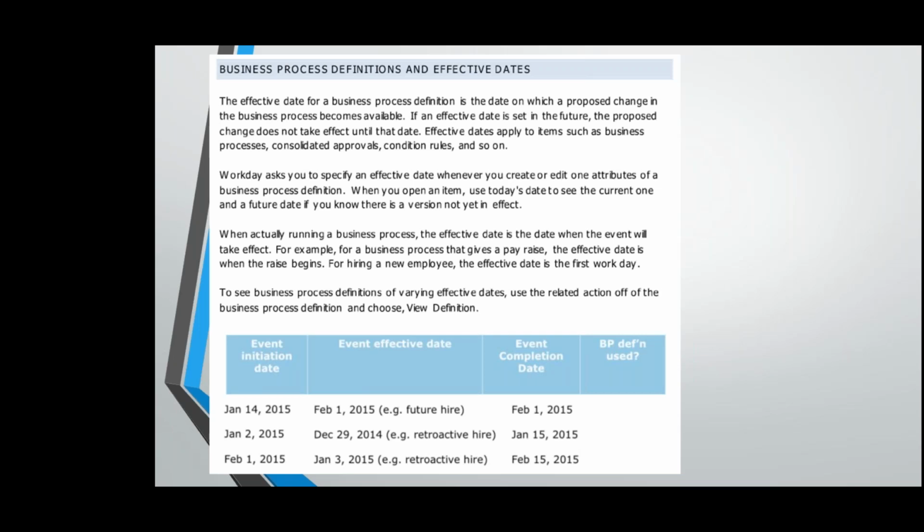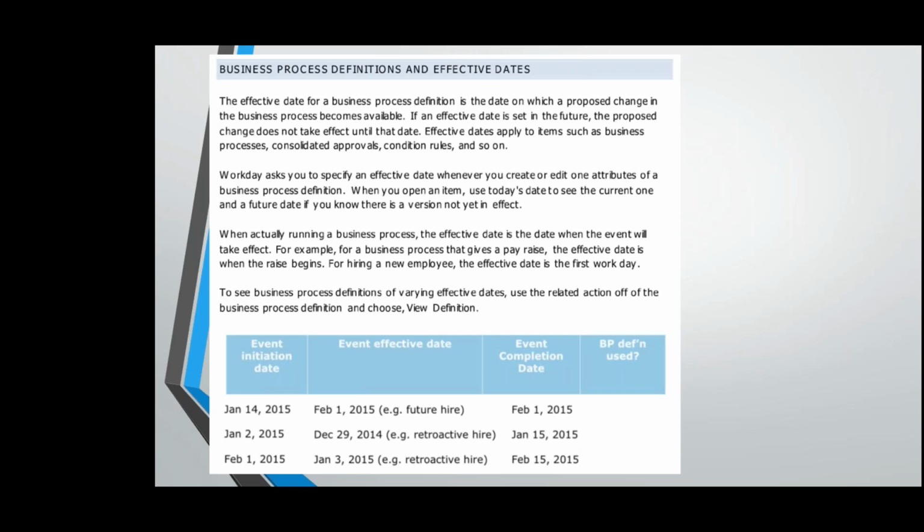For future configurations, changes that you want to take effect in the future, for example you want changes to happen for the new hire process on August 15, when you're editing the business process you select August 15th as the effective date, so that all your new additions of the steps will happen, and whatever hires are created from August 15th will follow the new process. That's the functionality of effective dates in business process.